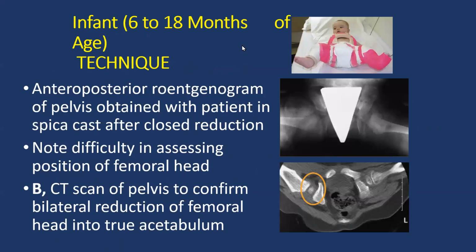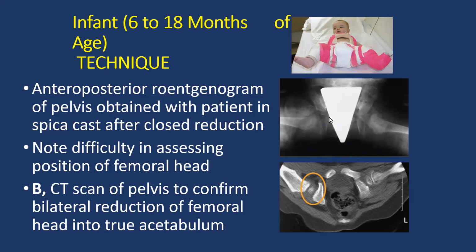Now, let us see. From infants from 6 to 18 months of age. This is an anterior-posterior roentgenogram of the pelvis obtained with the patient in a spica cast after closed reduction. Note the difficulty in assessing the position of the femoral head.